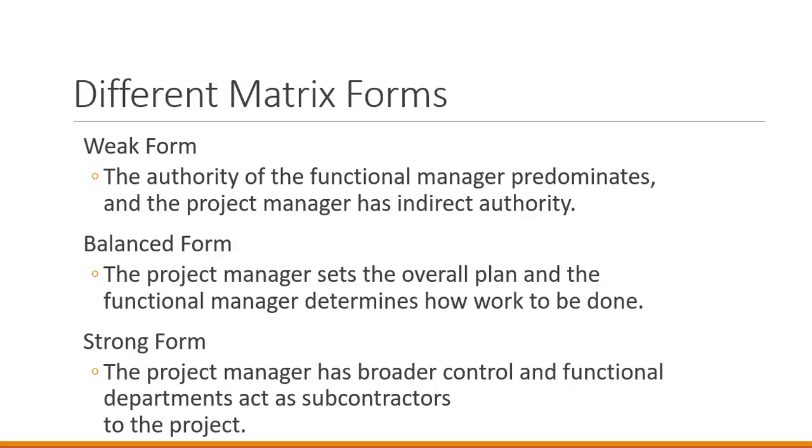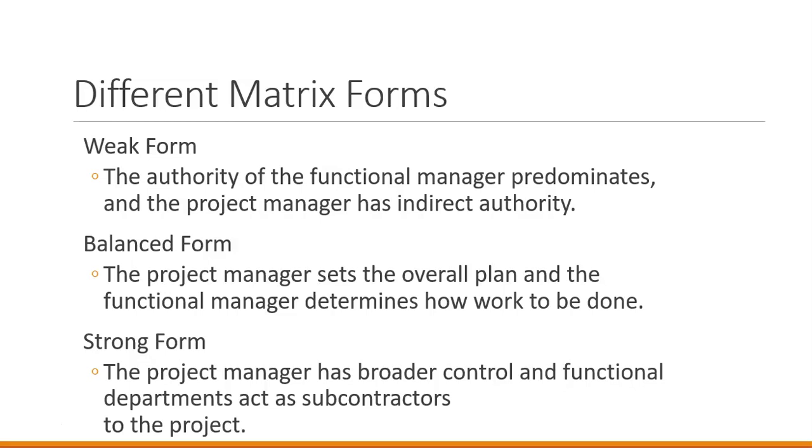Those people have a functional manager that they answer to, and if his work tasks overlap the project, then he's going to get their time first, and the project can suffer because of that.